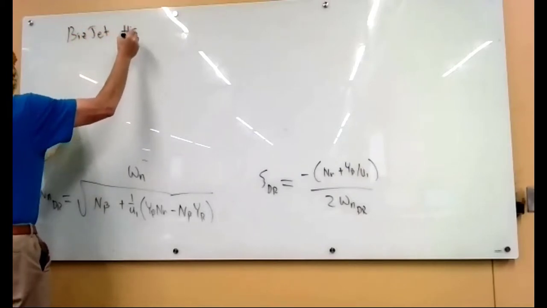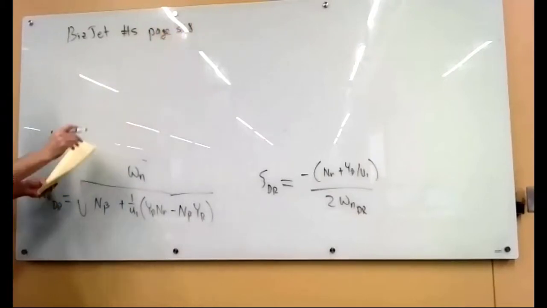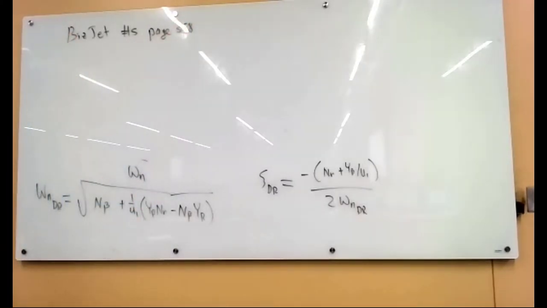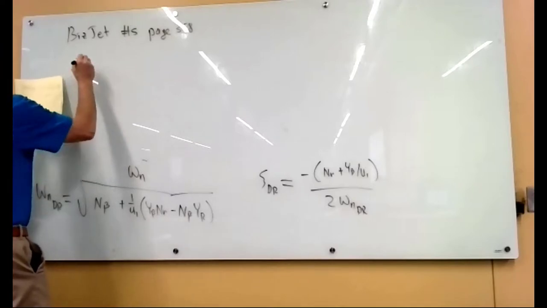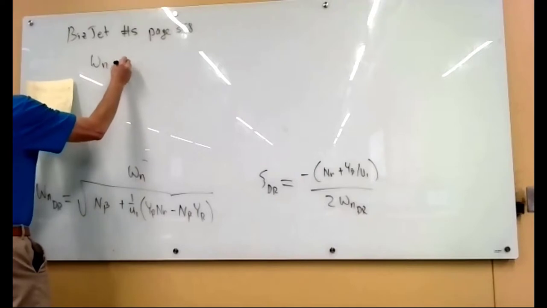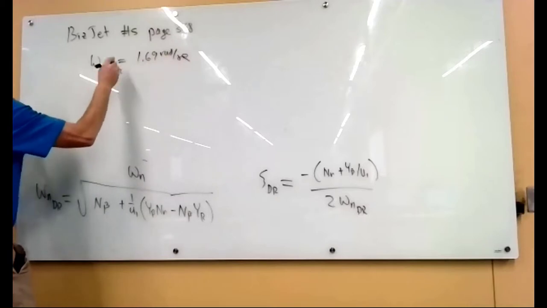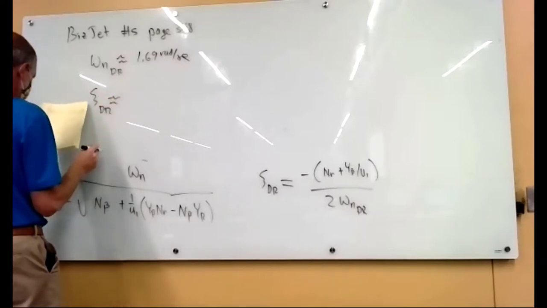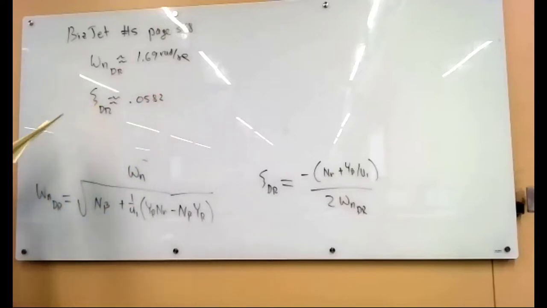These are the numbers from page 358. Those are the numbers we've been using all along in our example. And you plug those in the approximation. And there's the natural frequency. And here's the damping ratio. For the approximation.